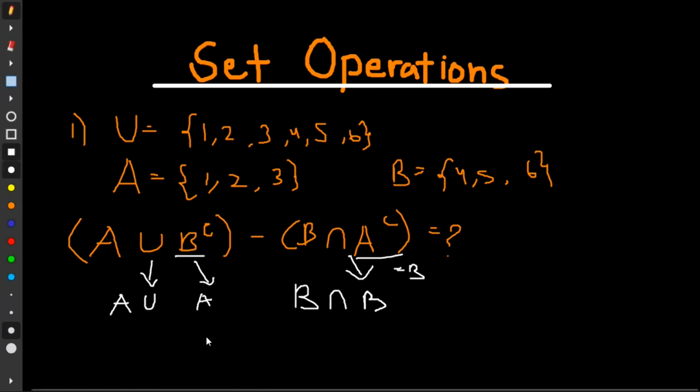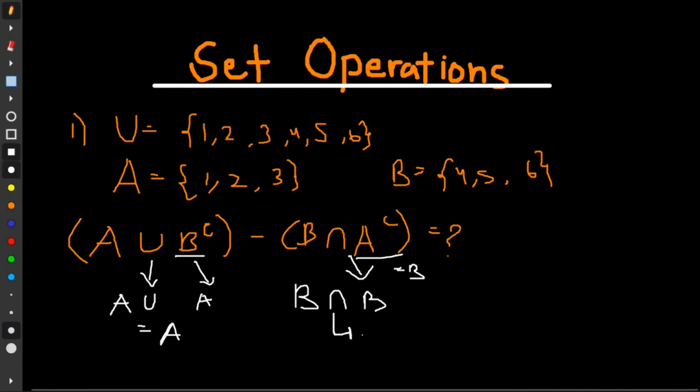Now, first we think, what is A union A? A union A is simply A, because as we said a while ago, we simply add their elements, but they have the same elements. So we don't repeat the elements, because that is redundant.